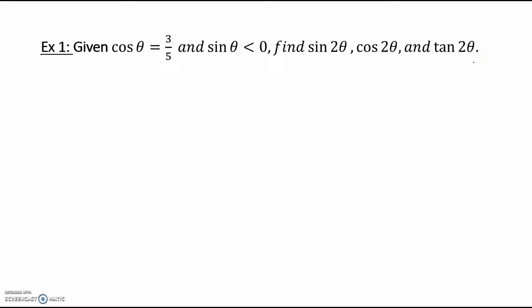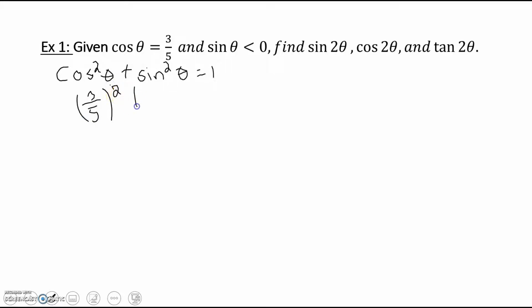So we can find sine by using the Pythagorean identity. Cosine squared theta plus sine squared theta equals 1. And we know that cosine is 3/5, so we will replace cosine with 3/5 and square that. That is 9 over 25, 3 squared over 5 squared.